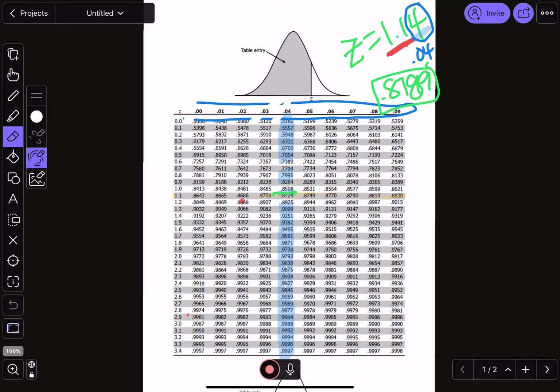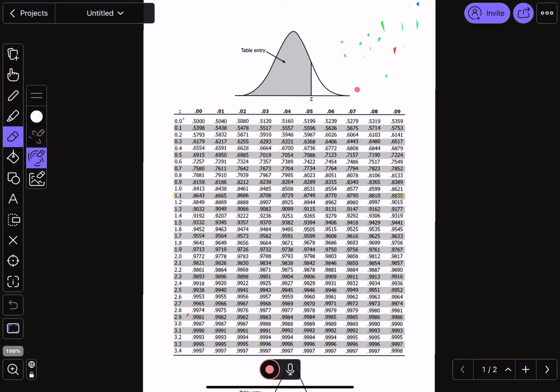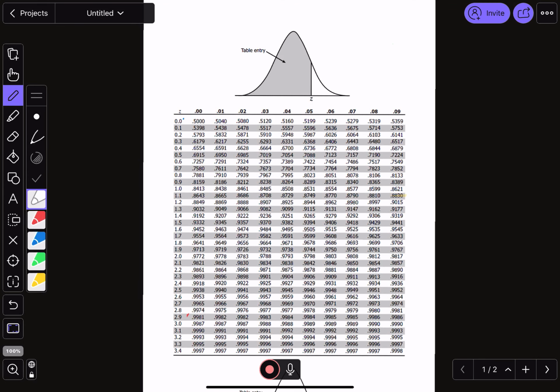So remember, always look at the left first, and then you're going to look at the top. On the left, you're going to look at 2.2. Now your z-score is 2.29.